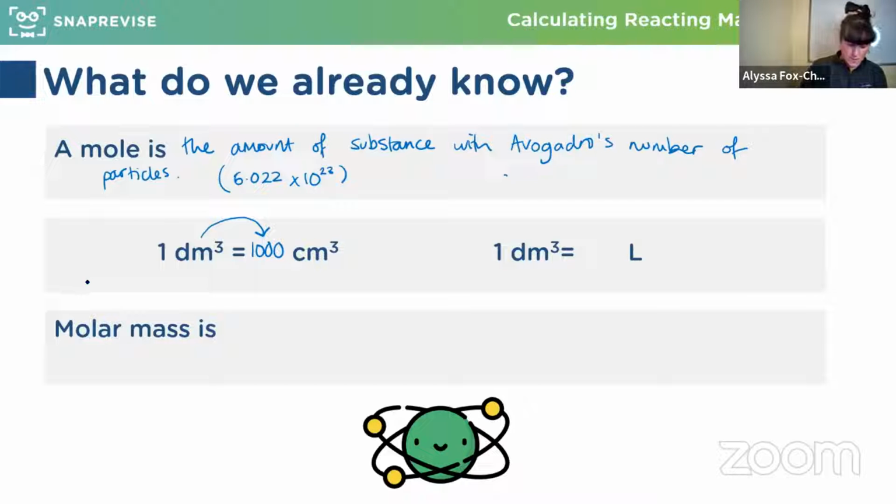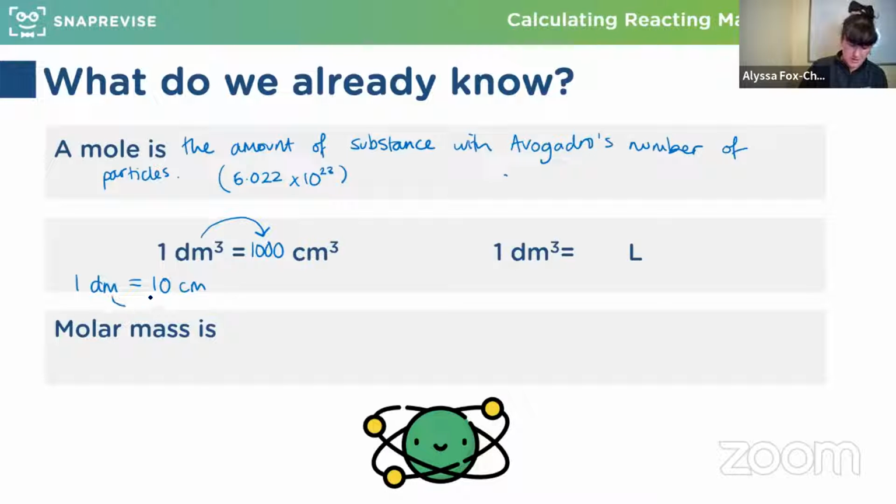So 1 decimeter, deci meaning 10, so a tenth of a meter. A tenth of a meter in centimeters must be 10 centimeters, because centimeter is a hundredth of a meter. There are 100 centimeters in a meter. So a tenth of a meter would be 10 centimeters. So 1 decimeter must be 10 centimeters.